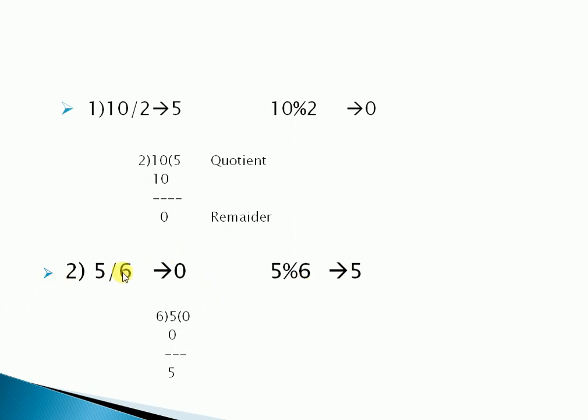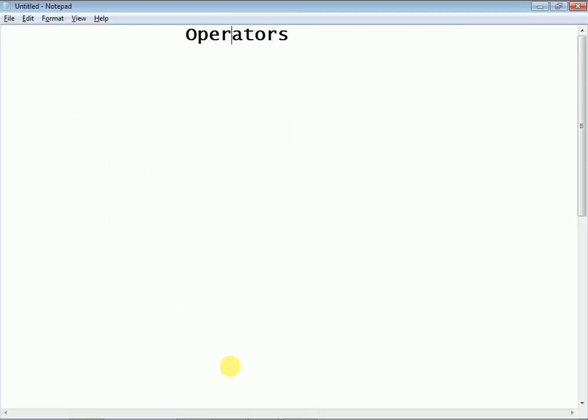What is this modulus operator and percent? This is division, and division means it returns a quotient. Modulus returns a remainder. You understood, right? We'll discuss some examples in the programming language to see how it works. Now, 5 by 2.